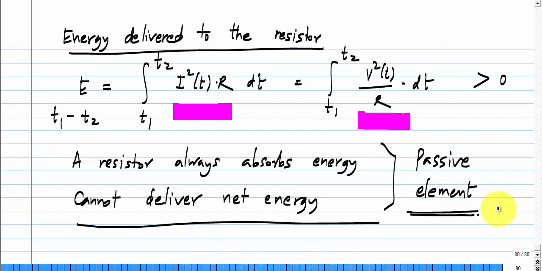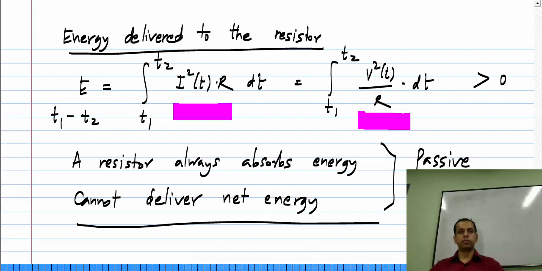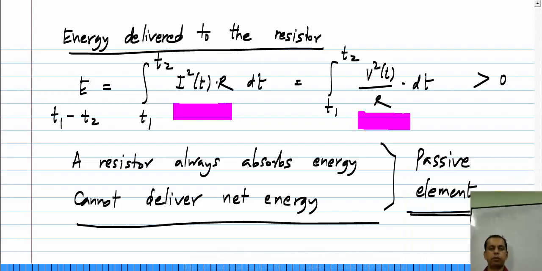So, a resistor only absorbs power, which consequently means that it can only absorb energy, it can never generate energy and provide it to the rest of the circuit. Here of course, we are considering resistors with a positive value. A physical resistor always has a positive value.